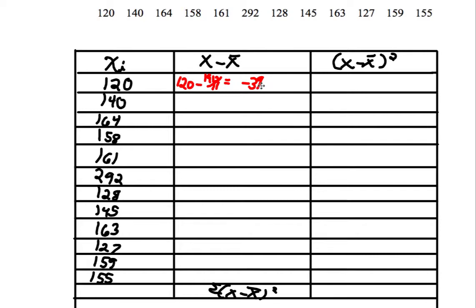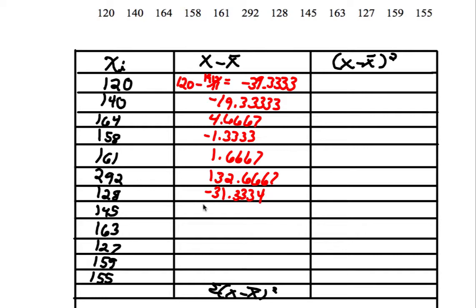I get negative 39.33. All that means is this data point is to the left of the mean by 39.33 units. I'm going to repeat this process for all the other data points in my sample.